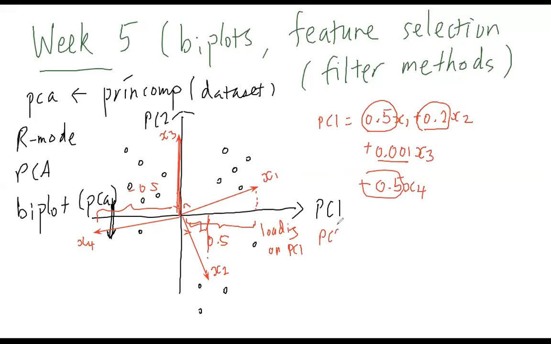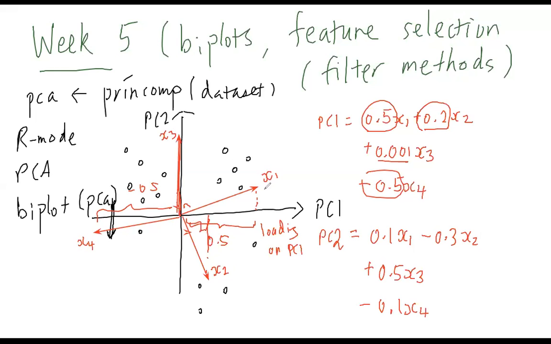And then for your PC2, this should correspond to something like 0.1 x1. Here for x2 it is negative, so maybe negative 0.3 x2. Over here, this will be positive 0.5 x3. And over here it is negative, negative 0.1 x4.